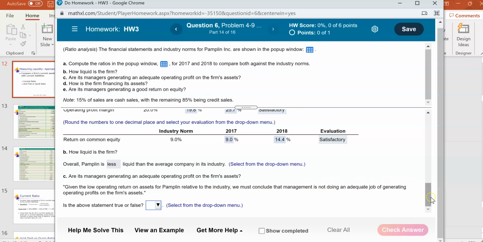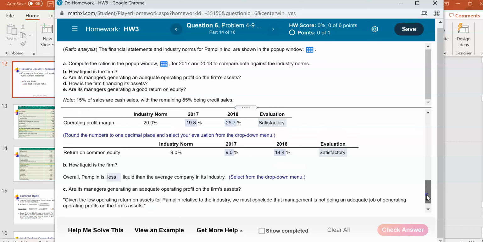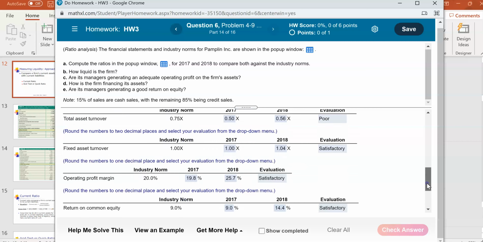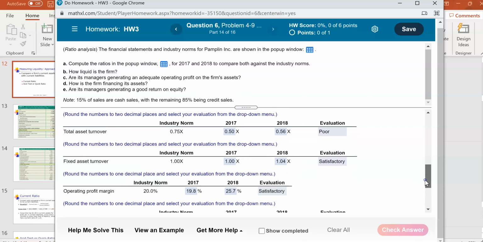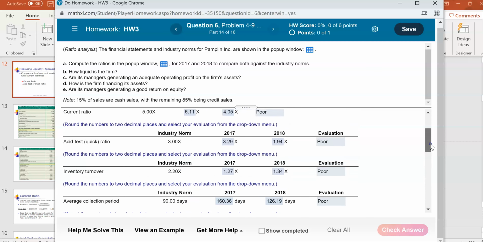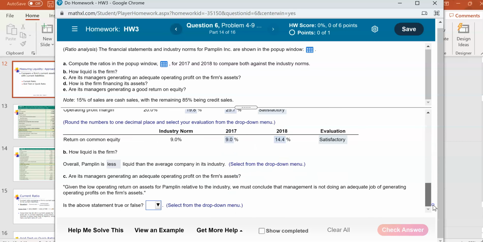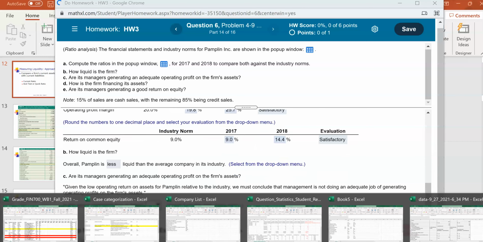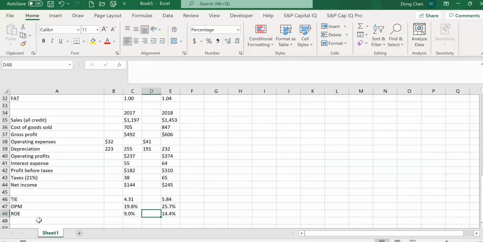So to answer this question, we have to calculate the operating return on asset, which we haven't done yet. But once we know how it is defined, this is not so hard.